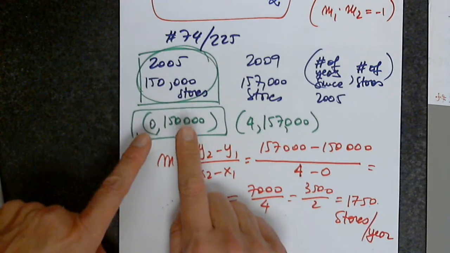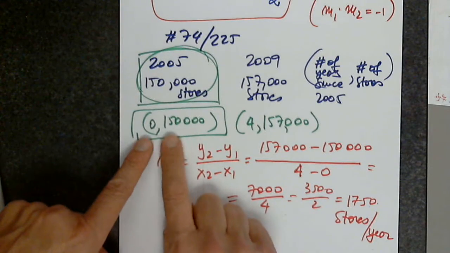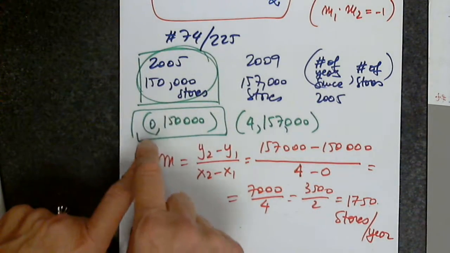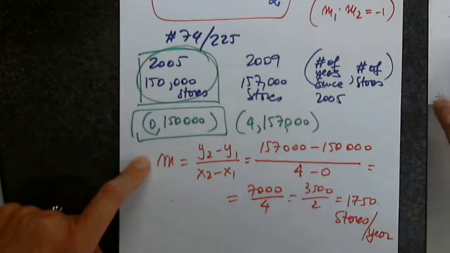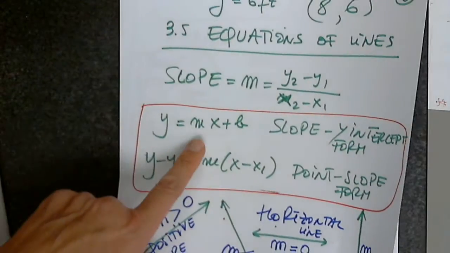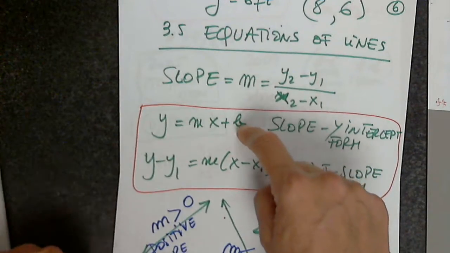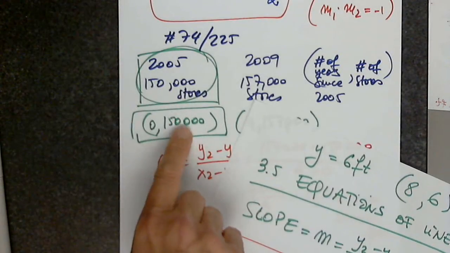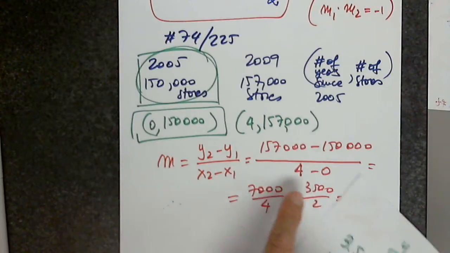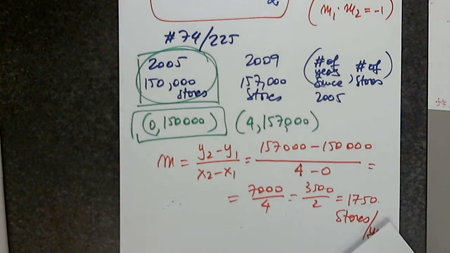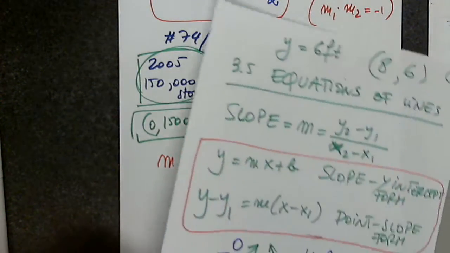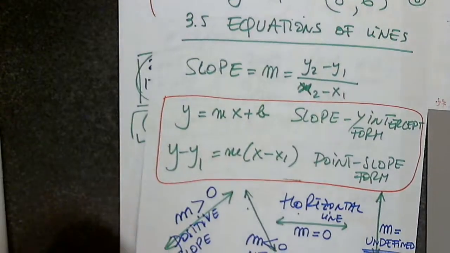But I said, let's choose wisely because if I have 0, comma, a number, I should always use the slope-intercept form, because this will be b, which is nothing else but the 150,000, and the slope is the one that we just determined, and I'm done. No more calculations are required. I don't have to distribute. I don't have to move terms around.